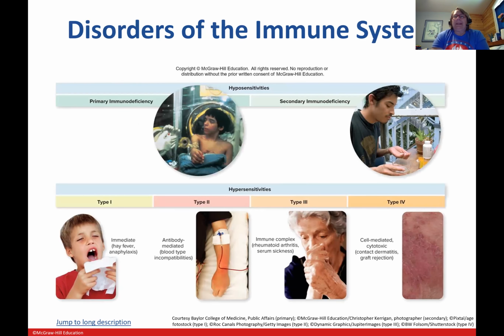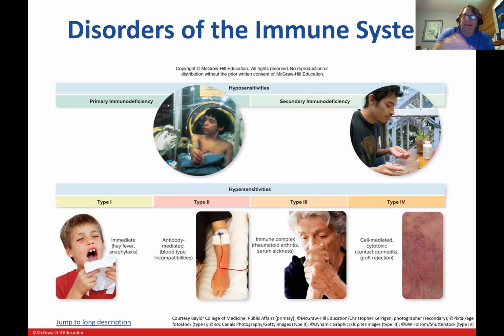So again, let's talk about those two basic types of disorders of the immune system. On the top, we have hyposensitivities, and we're going to talk about that in a later section. So I'm just going to talk briefly about these two things. Primary immunodeficiency is a genetic defect where you're not able to produce B or T cells.